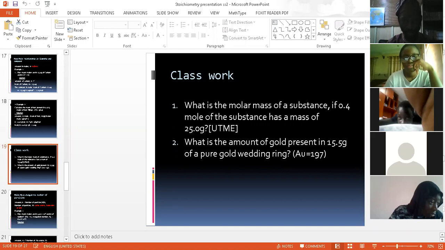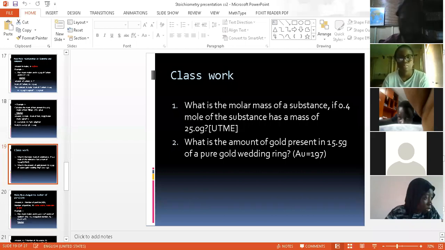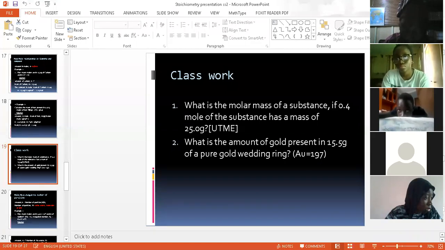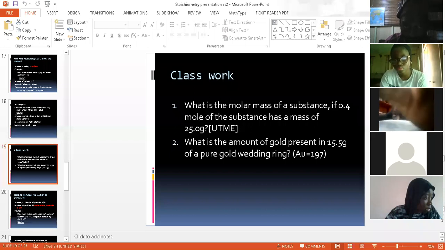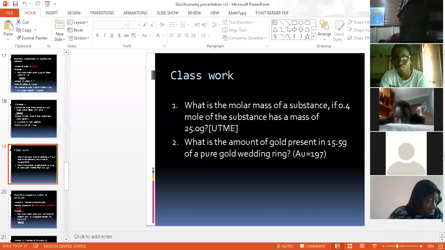Mass. Yes, what's the answer? The formula is n is equal to mass over molar mass. You are given mole to be 0.4 and mass to be 25.0, and you have to get molar mass.